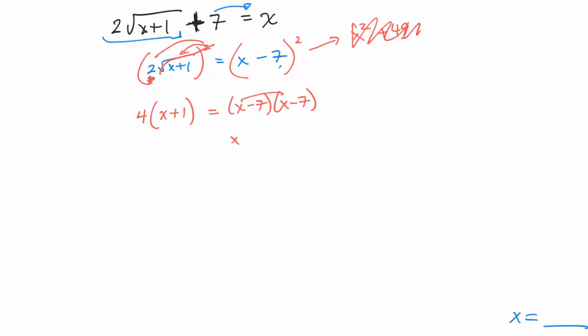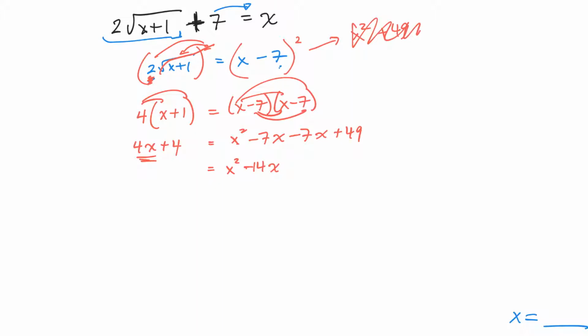X times x, x squared, x times minus 7, minus 7x, another minus 7x, plus 49 is equal to, and I can distribute the 4 here as well, 4x plus 4. And then since it's a quadratic, I'll bring everything over to the right side. So I'll get x squared, this will be minus 14x.